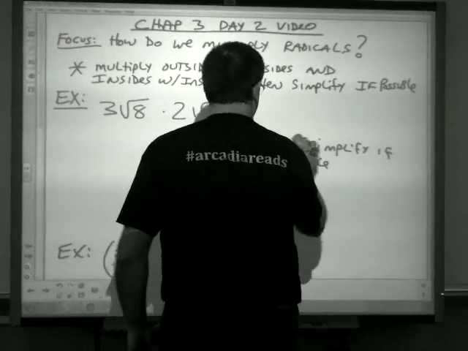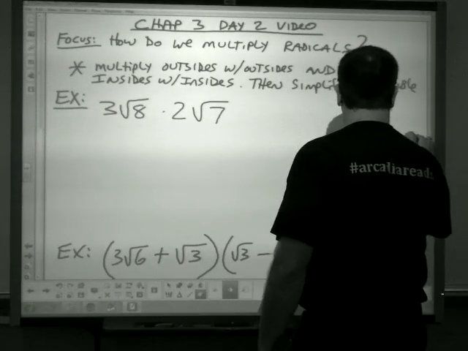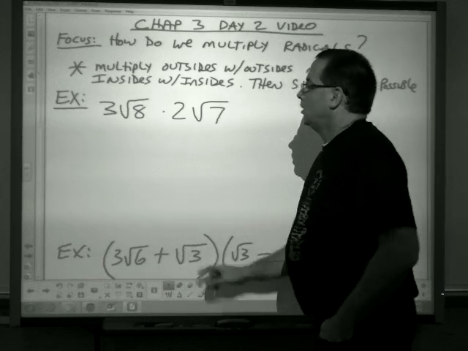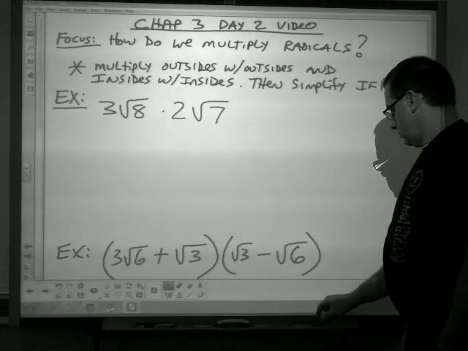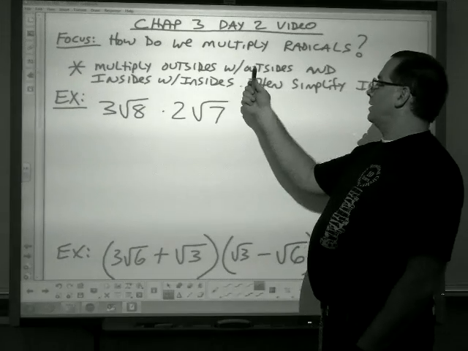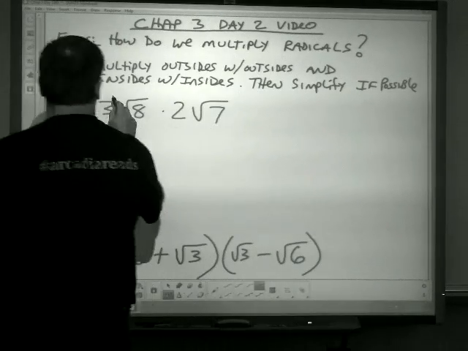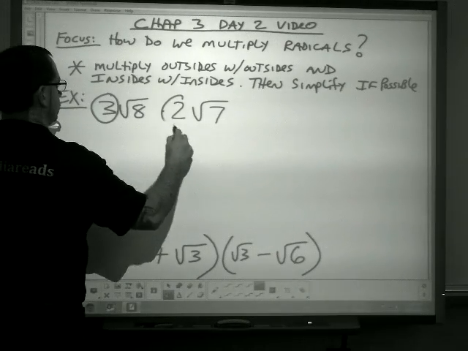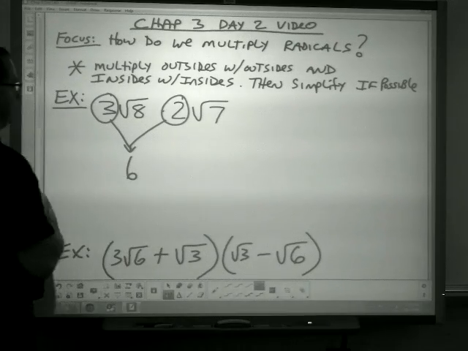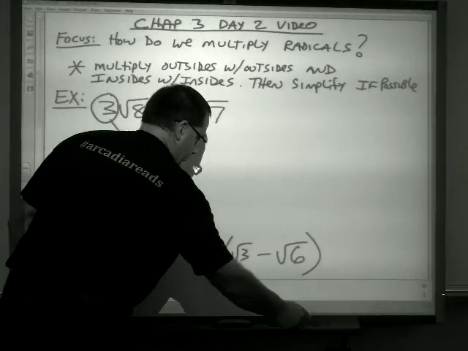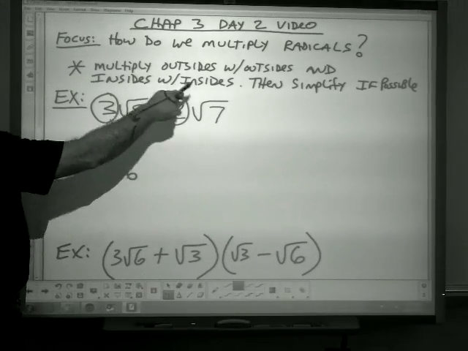So for example, let's take a look at this problem. We have 3 square root of 8 times 2 square root of 7. Again, outsides with outsides. So I take the 3 and the 2, and I multiply these together, and I get 6. Insides with insides.